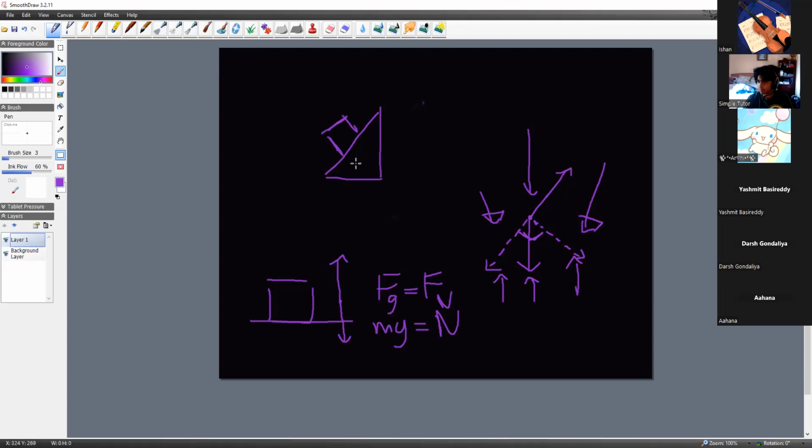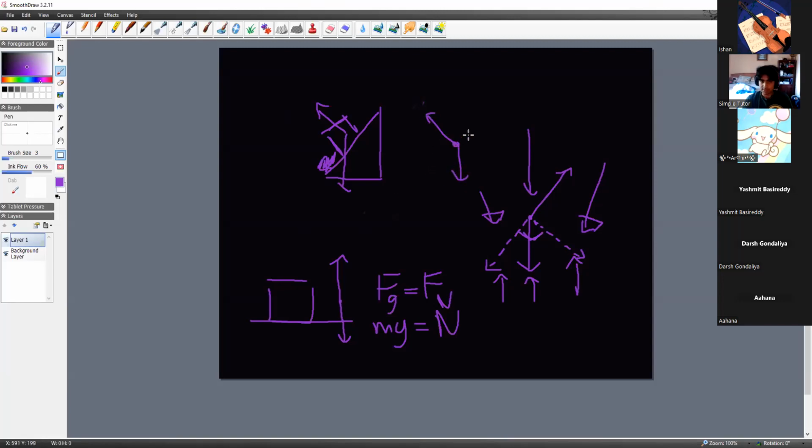So we have this block right here, and it is sliding down this ramp. There are no other external forces besides the force of gravity and the normal force. So our simple free body diagram would be based on these two forces. This is not really an arrow, it's just to show the direction of the movement. But this is what our free body diagram is based on. Simply, it would be something like this.